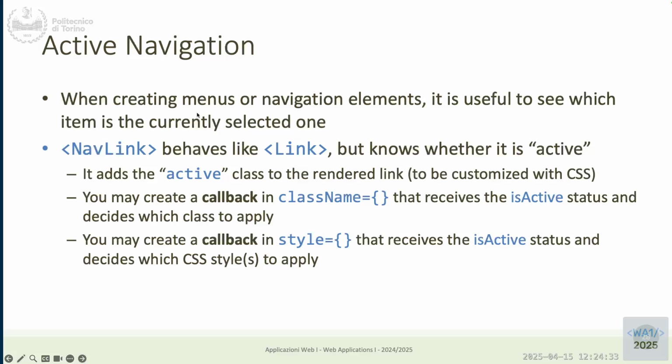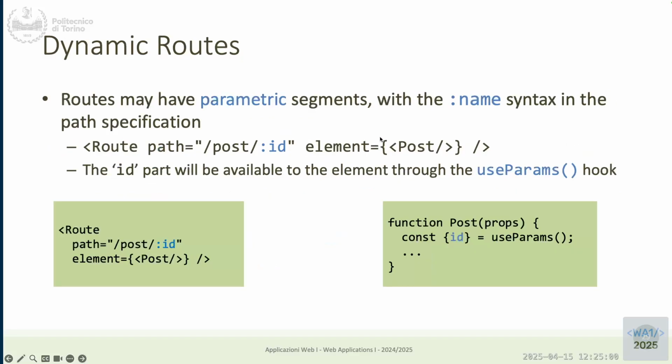For example, if you have a set of links, when you want to navigate through different sections, so the classical menu with different voices, and the voice where you are in is highlighted in some way, so tabbed navigation and so on, there's this not a normal link, but the NavLink that will change its style according to whether you are in the same section or not, but these are details.